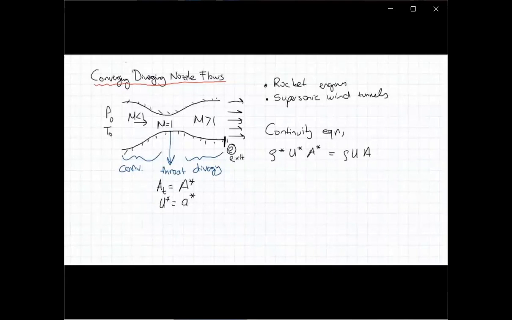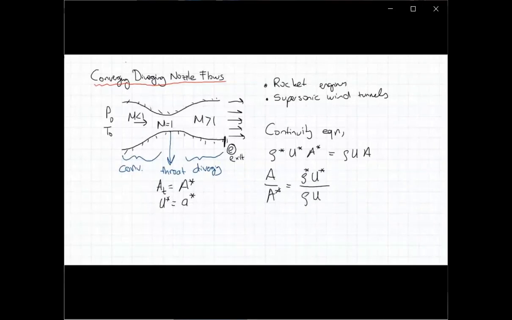We can rearrange this equation to take this A over A star ratio to the left hand side, and then this becomes equal to rho star times u star divided by rho times u.